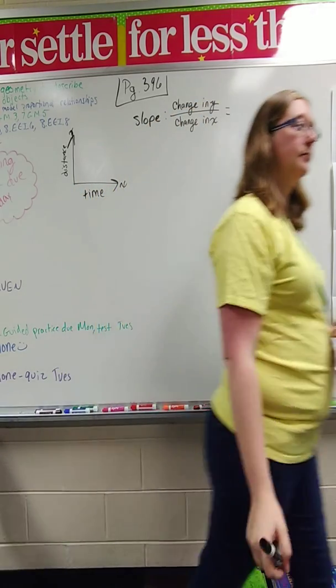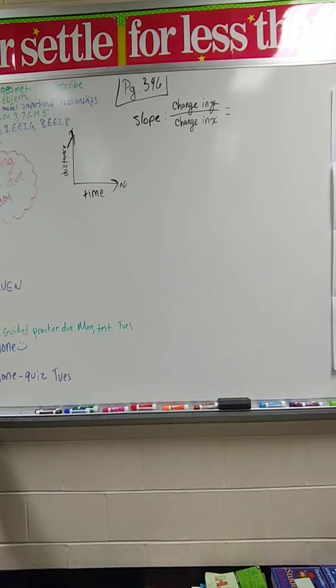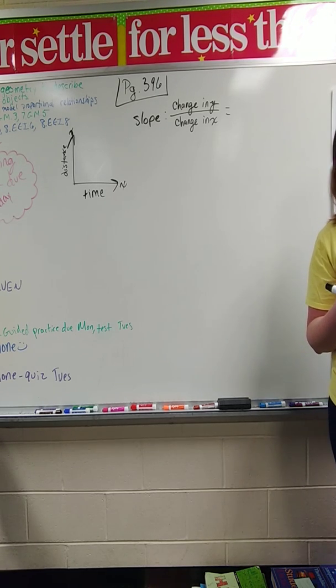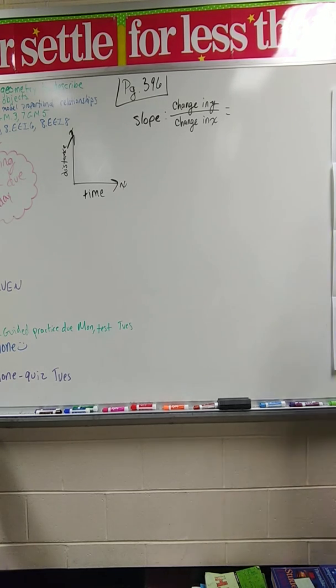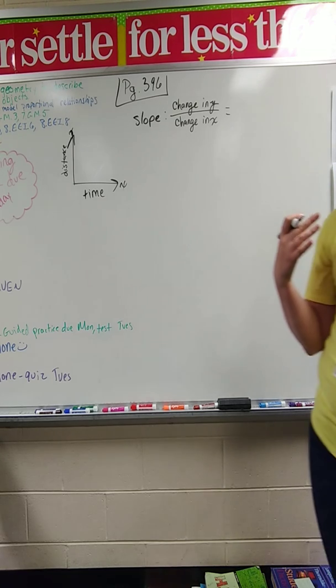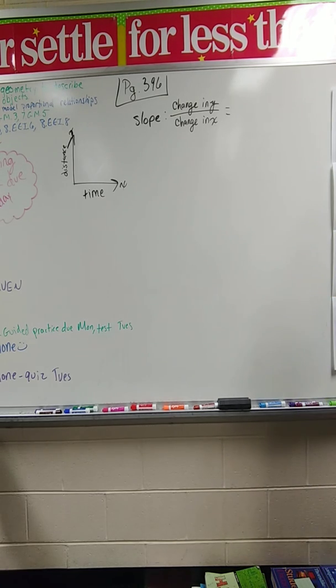Now, I don't want to write out the change in y and the change in x every time, so mathematicians decided that we would use one of our Greek letters to represent the phrase change in. What? Not a Roman numeral, a Greek letter. Not pi. We use the Greek letter delta.